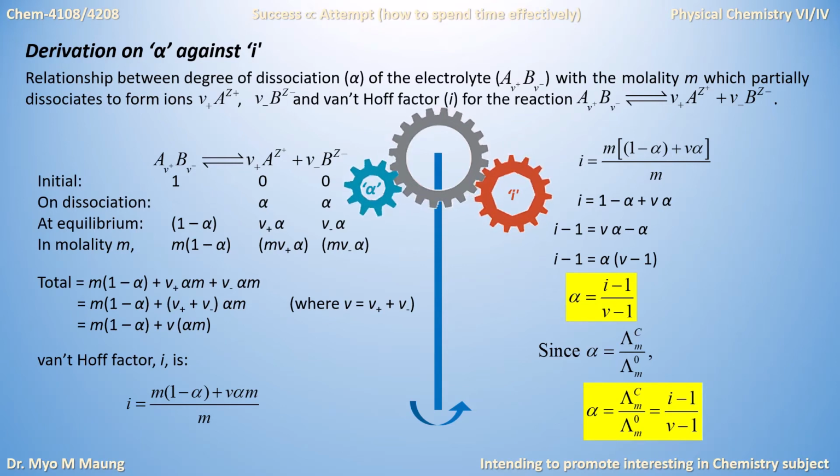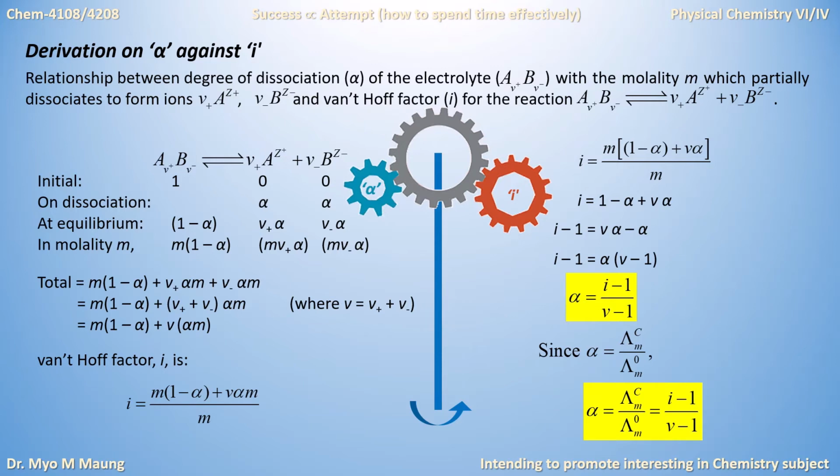As total, m(1 minus alpha) plus ν plus alpha m plus ν minus alpha m. Since there is a common factor, alpha m, in the second and third terms on the right hand side, this equals m(1 minus alpha) plus (ν plus plus ν minus) alpha m. Again, since ν plus plus ν minus equals ν, the total equals m(1 minus alpha) plus ν alpha m.